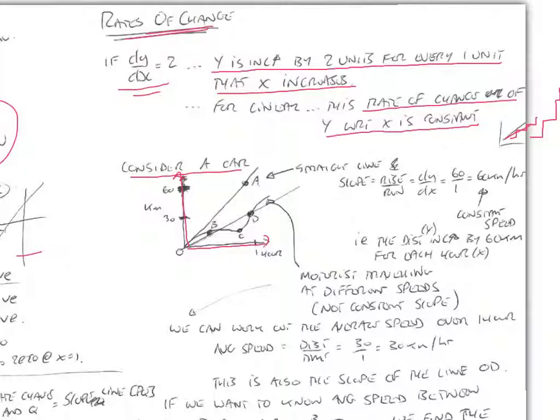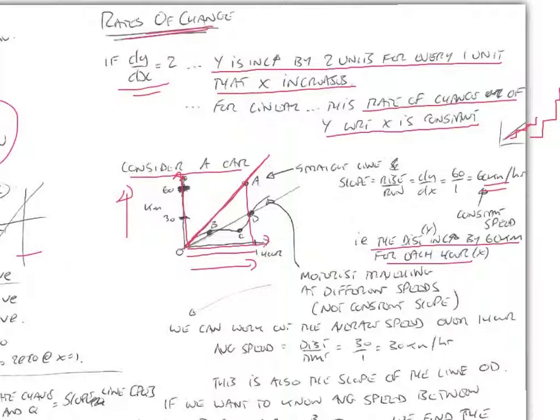If we were to plot that, it would be a straight line, the slope of which would be the rise, 60, over the run, 1. 60 kilometers per hour, constant speed, a nice straight line. So what we're saying there is that the distance y increases by 60 kilometers for each hour, each unit change in x.